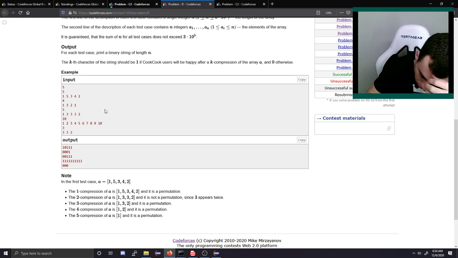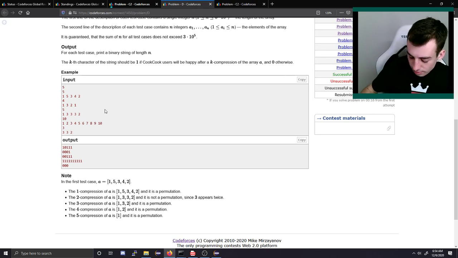If you have a 2 with a space to its left and its right, then the answer is no. Oh wait, you could have 1, 2, 3, 4, 5, 6.